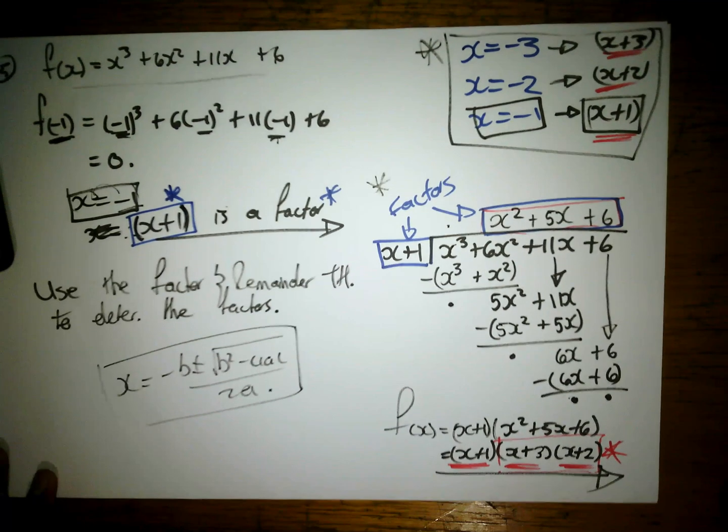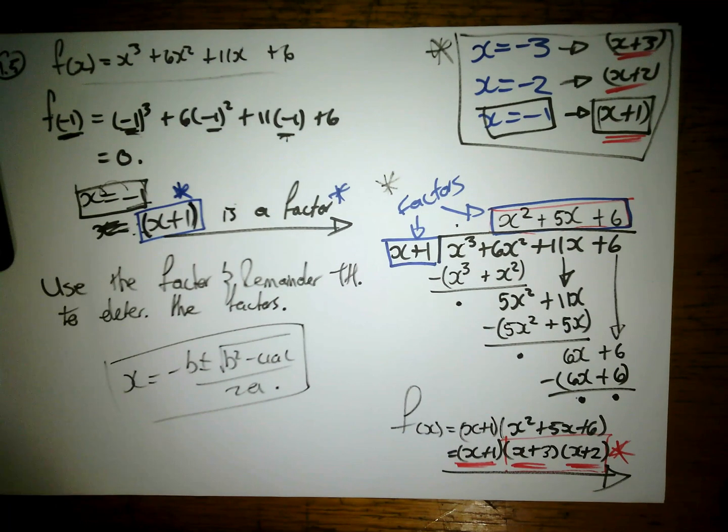I'm asking if they will deduct points for using that method. I do get x plus 3 and x plus 2. That's lovely stuff, that's mathematics. Let me get back to you on that.